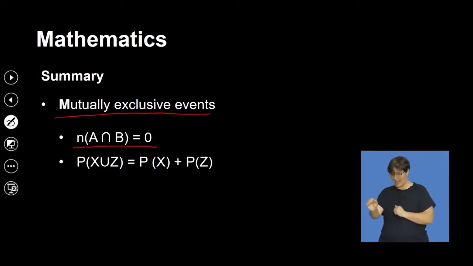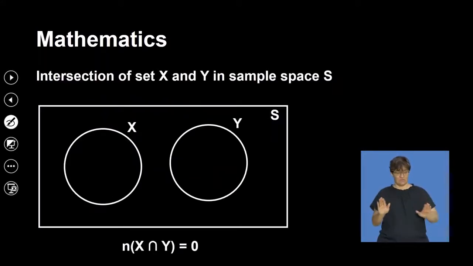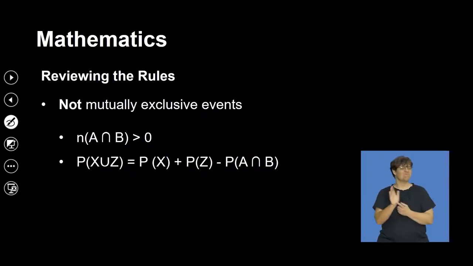So for mutually exclusive events, when we're calculating the union, remember union means or, we can take the probability of one plus the probability of the other. And that's our or rule for mutually exclusive events. But if we are going to deal with things that are not mutually exclusive, that means there's something in the intersection.